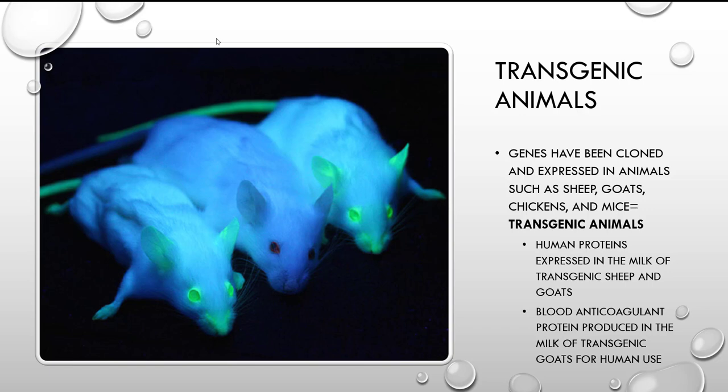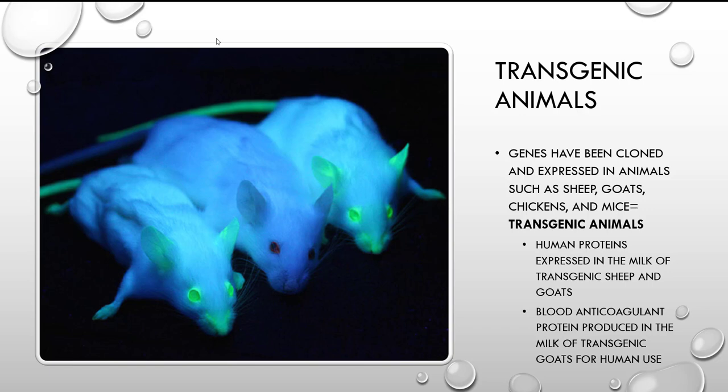For example, we can get a blood anticoagulant protein produced in the milk of a transgenic goat, and that can be used for human use. Coagulant means that it's going to coagulate, bring together.